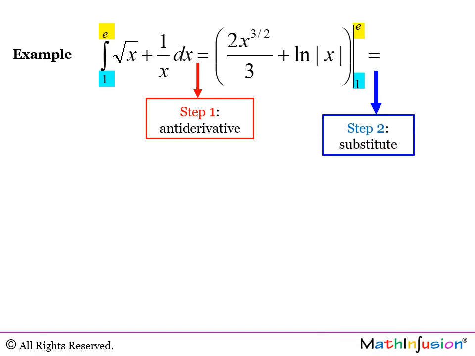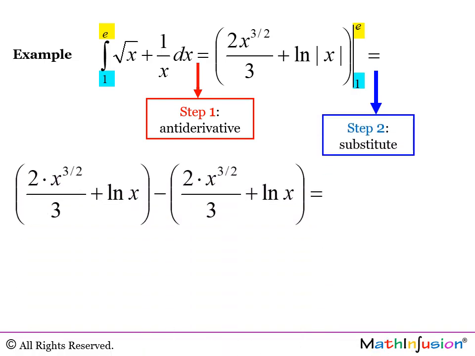Now we're going to substitute. In the first one, we're going to substitute e for the x. And in the second one, we're going to substitute 1 for the x. Now we just evaluate that. I would like to recall that ln of e is 1 and ln of 1 is 0.